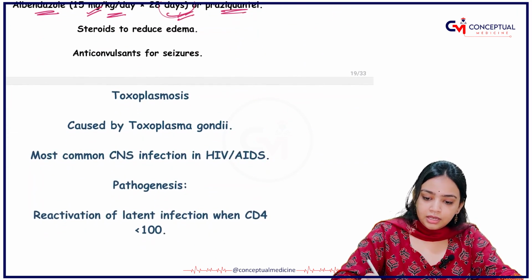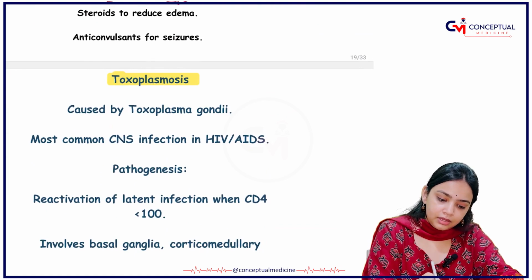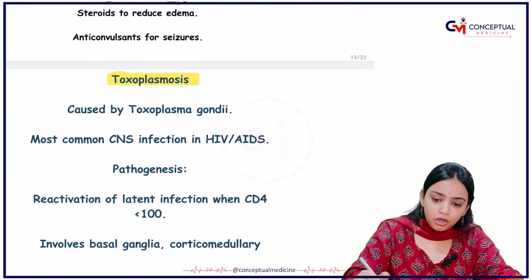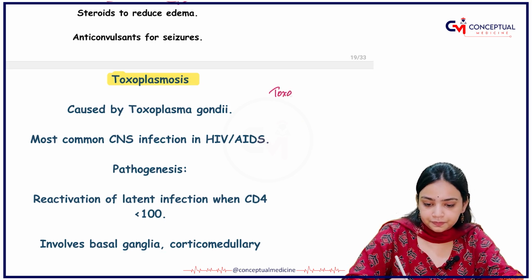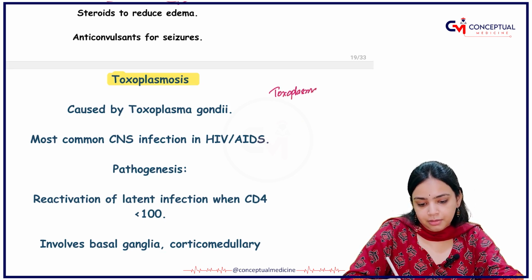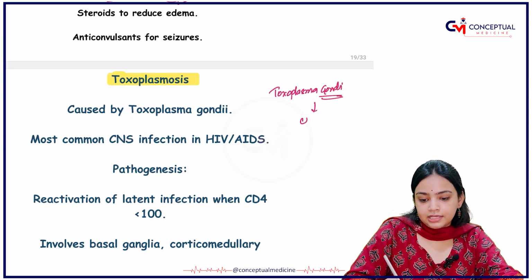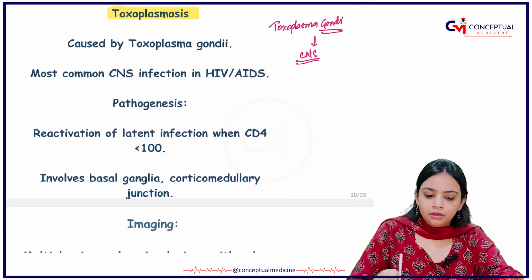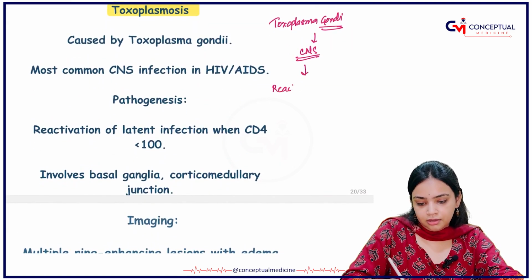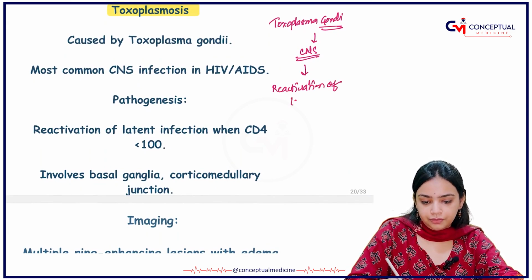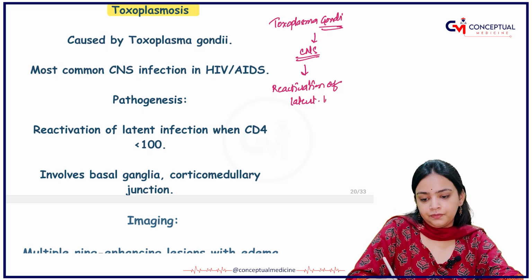Then the next thing that you have is toxoplasmosis. Toxoplasmosis is basically caused by Toxoplasma gondii. It is a CNS infection. What is the pathogenesis? There is reactivation of latent infection.